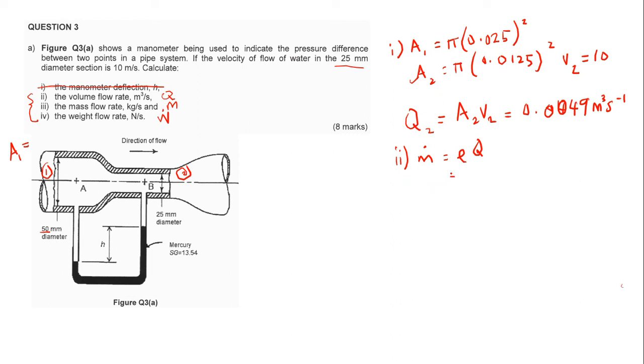So just multiply 1000 with Q, 0.0049. That gives you 4.9, unit kg per second, kg s negative 1. And lastly, finally, the weight flow rate. How can you find your weight flow rate?